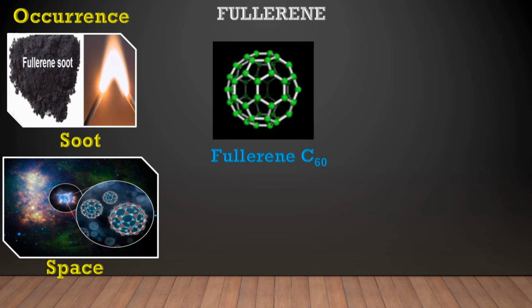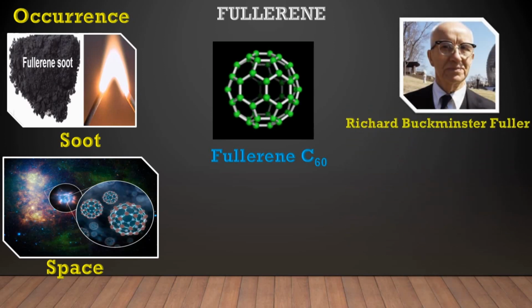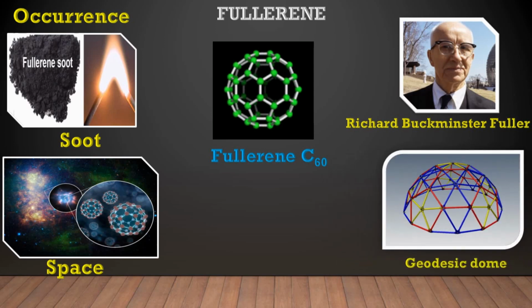This allotrope of carbon is named fullerene after the architect Richard Buckminster Fuller because the structure of carbon 60 resembles the structure of the geodesic dome that he has designed.